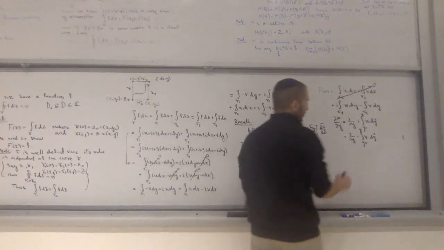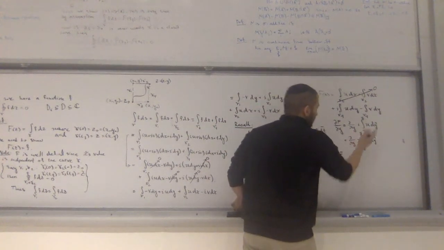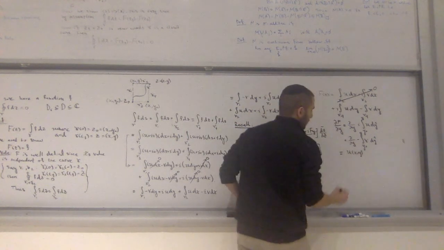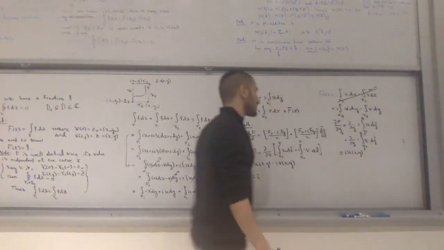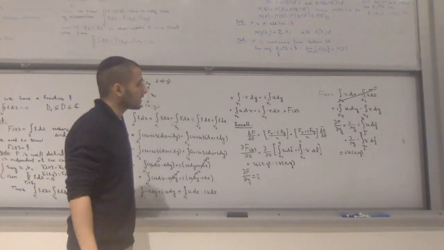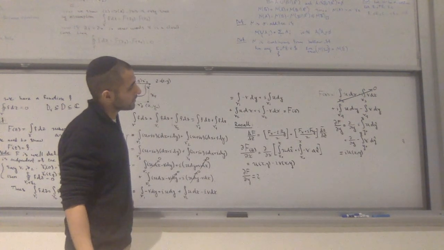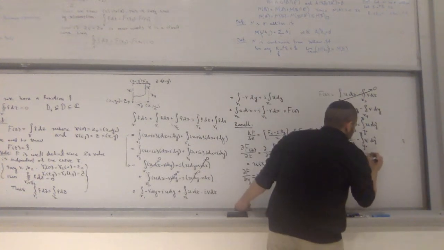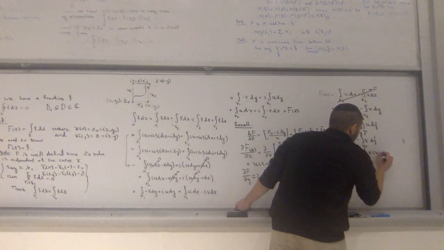We can apply the fundamental theorem of calculus, and this gives us i times u of x comma y, and then we have minus v of x comma y.